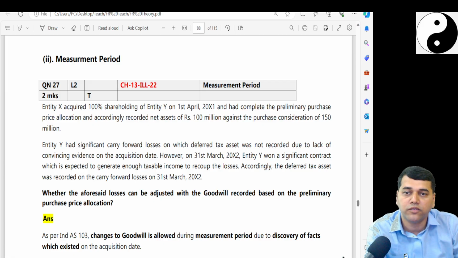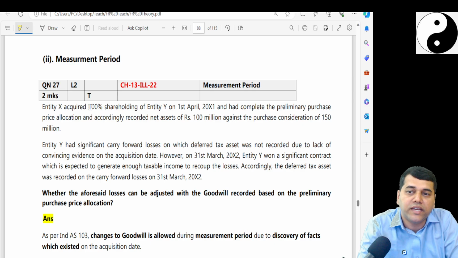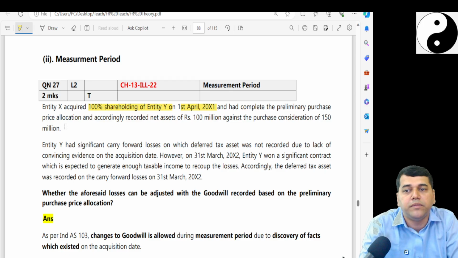Yes. So now let us go back to the theory questions. Entity X acquired 100% shareholding on 1st April and completed the preliminary purchase price allocation, and recorded net assets of 100 million and purchase consideration of 150 million. So how much is the goodwill? 50 is the goodwill.